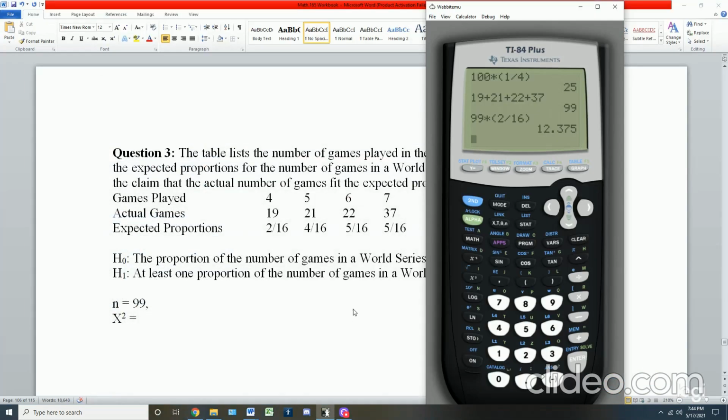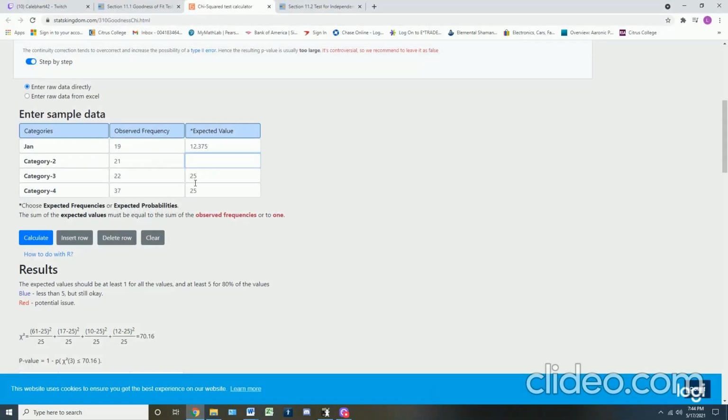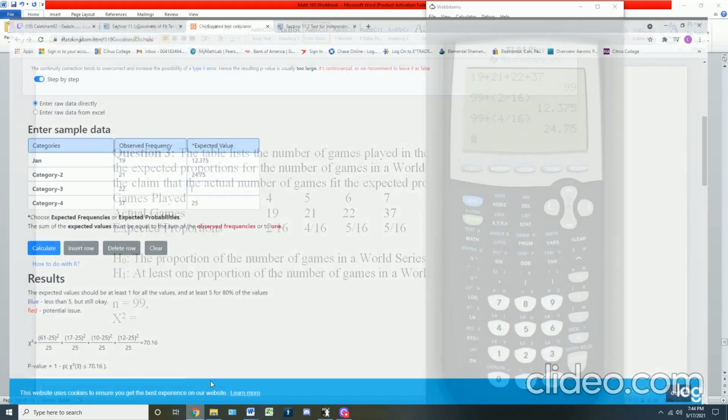So the next one's going to be 99 times 4 over 16, so 24.75. And we can do the rest.